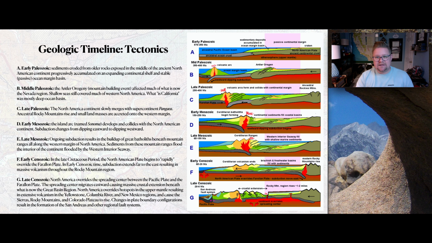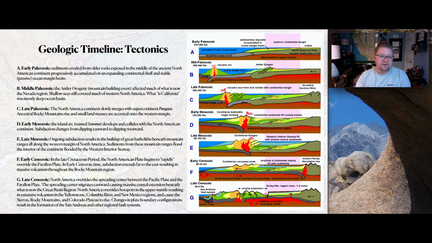So we're starting to see this Antler orogeny, which is really starting to develop part of the Nevada border to California, as we'll see later, but also some stretching has occurred during the late Paleozoic between 250 and 400 million years ago. The North American continent slowly merges with the supercontinent Pangaea.